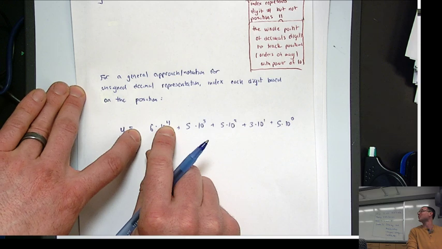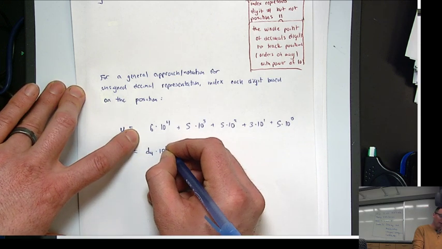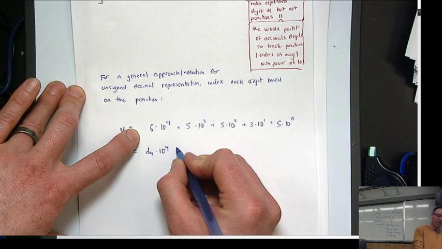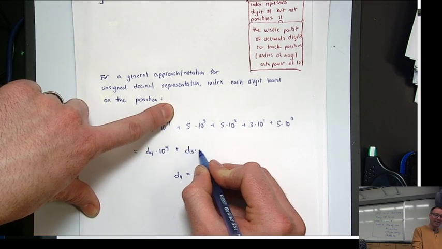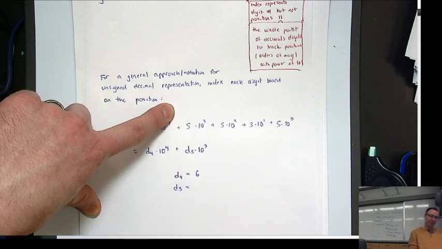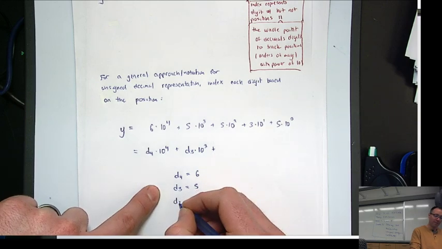Position number, not digit. 4. So now we know that D4 is going to be 6. Plus what? D3 times 10 to the 3. What is D3 in that case? 5. Okay, see if you can finish this before me.